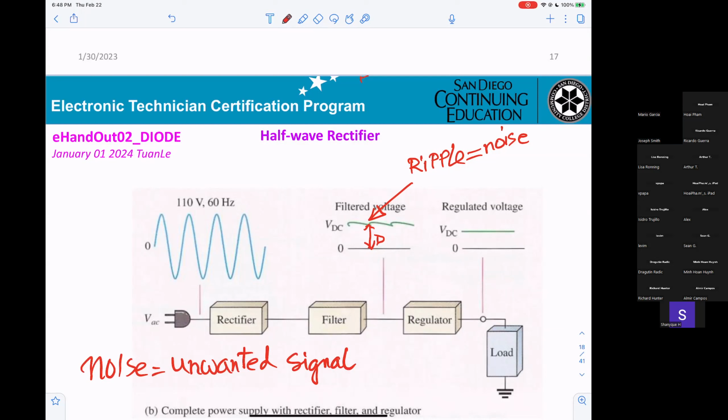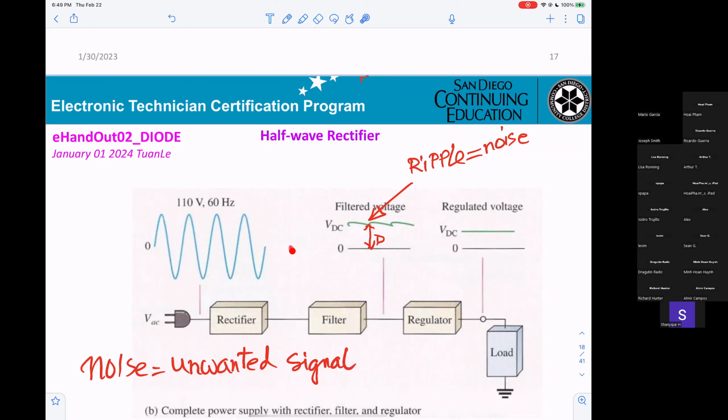Then they go to the regulator. That means they try to remove the noise. That's what the picture shows you. Halfway rectifier: they're telling you the signal they get out here will be halfway rectified.